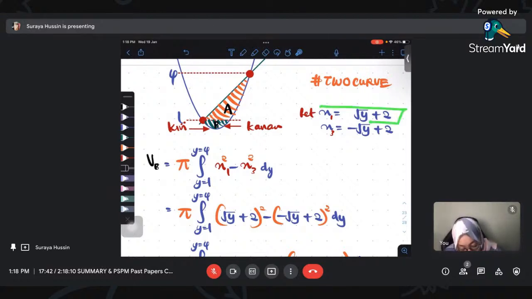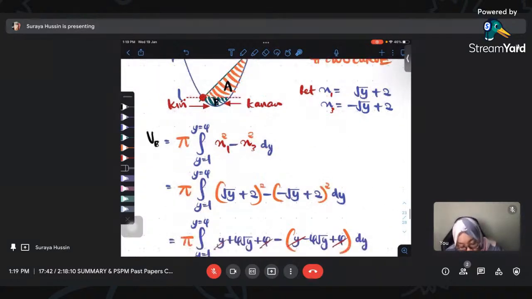Yang ini untuk yang di belah kanan, because this is a positive square root. Tolakkan dengan negative square root. This is the negative square root. Sebab itulah saya tulis X1 tolak X3, positive square root tolak negative square root.